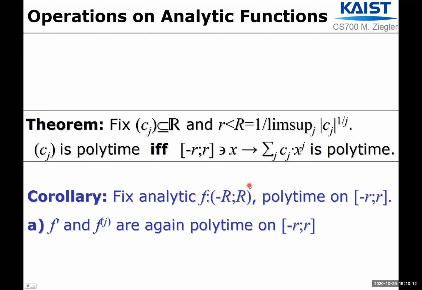So here we have a very nice property that for analytic functions, all iterated derivatives are again polynomial time computable, and in particular, the coefficients form a polynomial time computable sequence, because the jth coefficient is the jth derivative at 0, divided by j factorial.